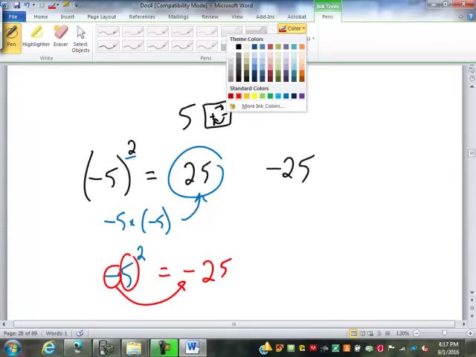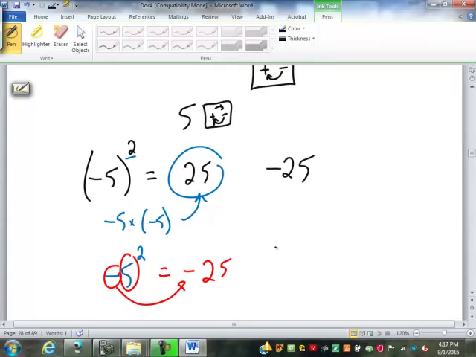So what you have to do on your calculator is you have to do parentheses, -5, close parentheses, and then squared to get it to do 25. So when you do a power of a negative number on your calculator, you have to put parentheses around it. Some of your calculators don't require that.